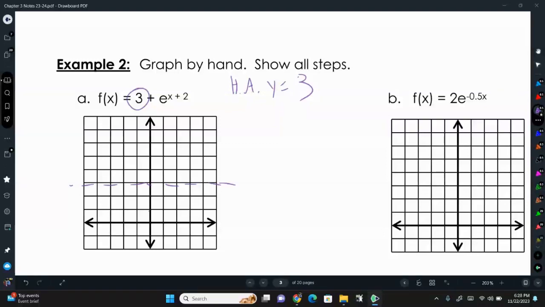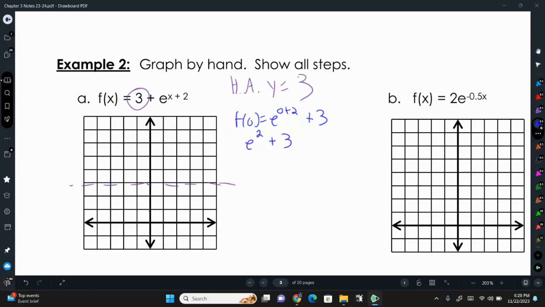We're going to substitute in 0 for x. So f of 0 equals e to the 0 plus 2. We have that 3 in front, but we can add 3 at the end if it'll make it a little bit easier. Then we get e squared plus 3.